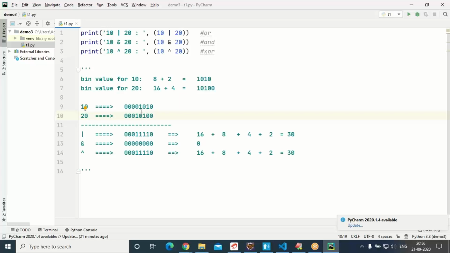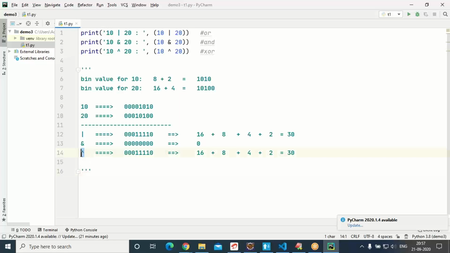If both are 1, then only you will get 1. So here all are zeros because nowhere do both columns have a 1 at the same position. In none of the columns are both 1. That is why all are zeros. This is what bitwise AND does.